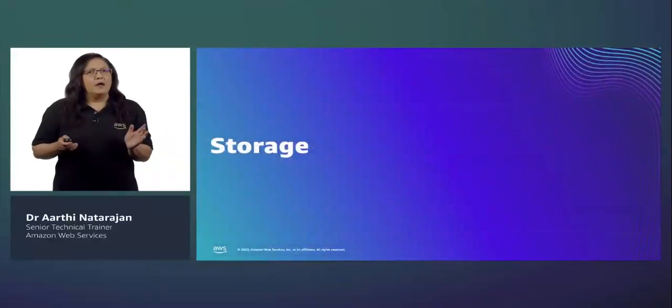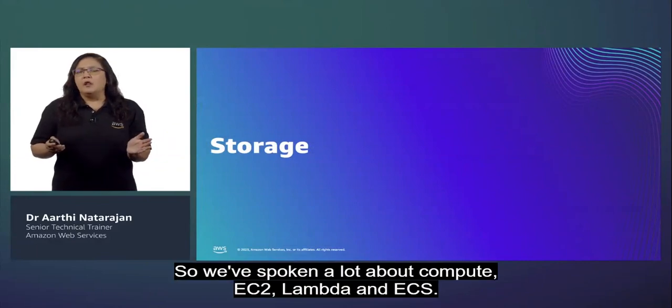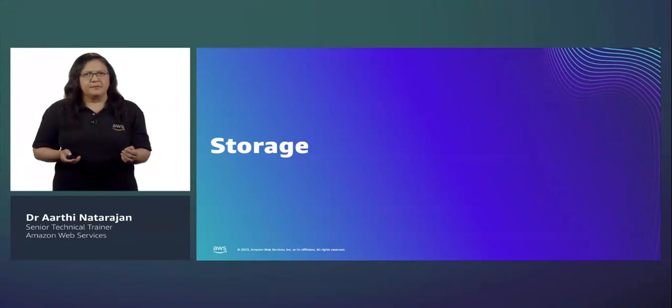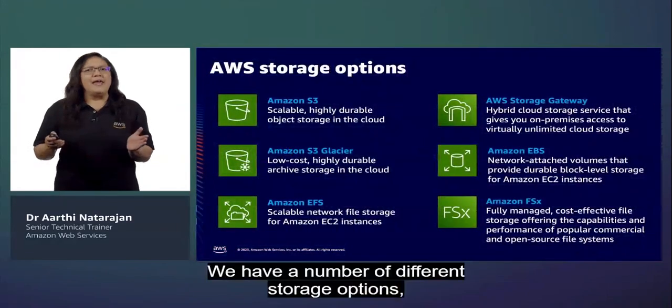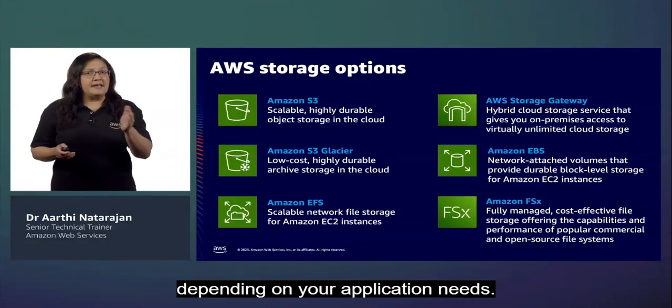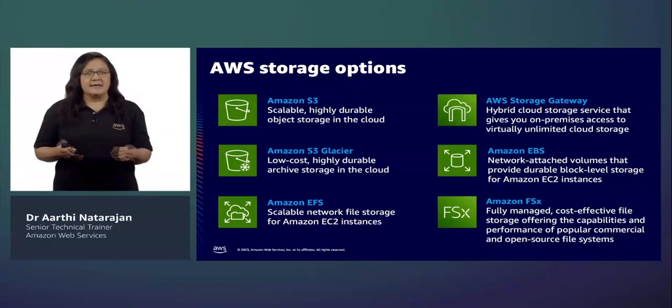So we've spoken a lot about compute: EC2, Lambda, and ECS. Let's move on to storage on AWS. We have a number of different storage options depending on your application needs.